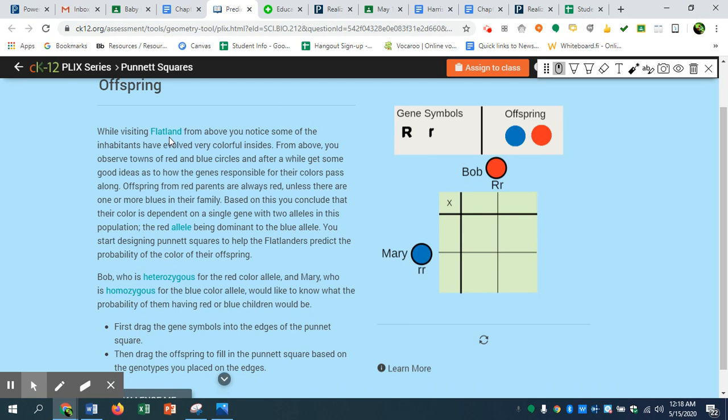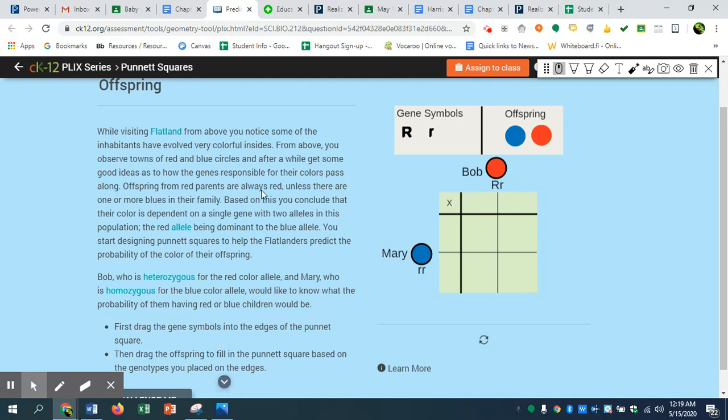So anyway, while visiting Flatland, from above, you notice some of the inhabitants have evolved very colorful insides. From above, I feel like I'm reading you a story. From above, you observe towns of red and blue circles, and after a while, get some good ideas about how the genes responsible for their color pass along.